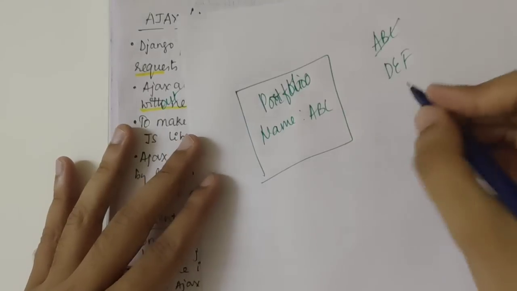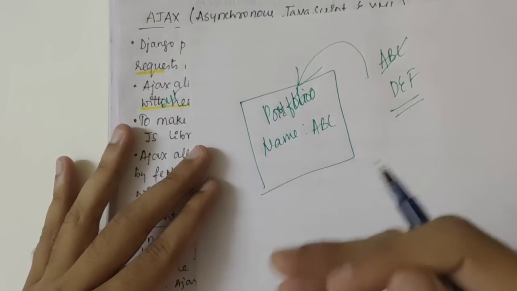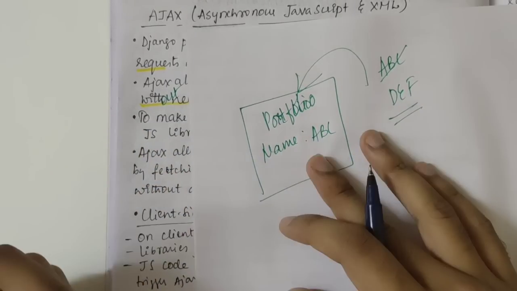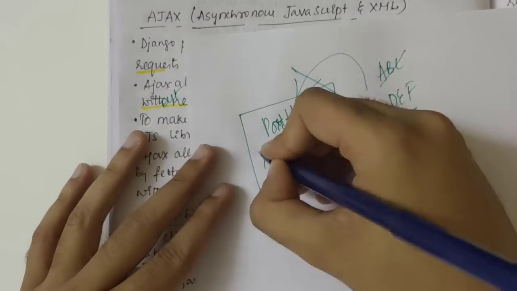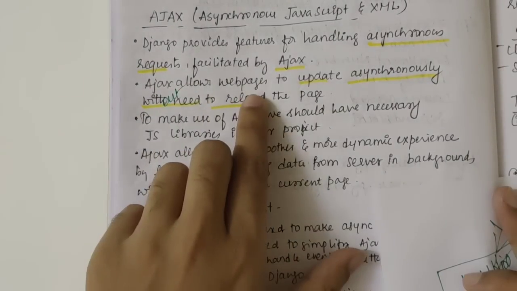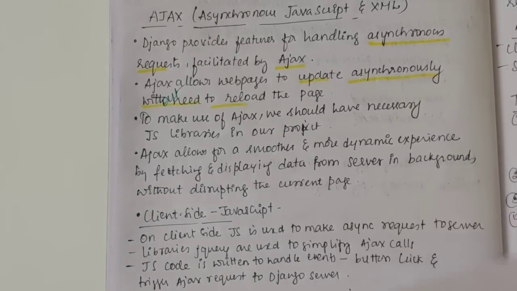So when I've changed the value here, it has to reflect here. In order to reflect here, it has to reload, right? So instead of doing this, I can avoid this and make use of Ajax. This allows the web pages to update asynchronously without the need to reload the page.